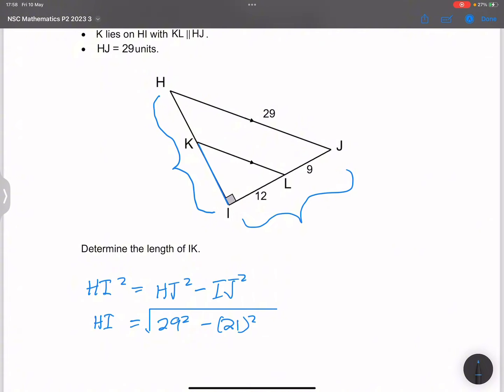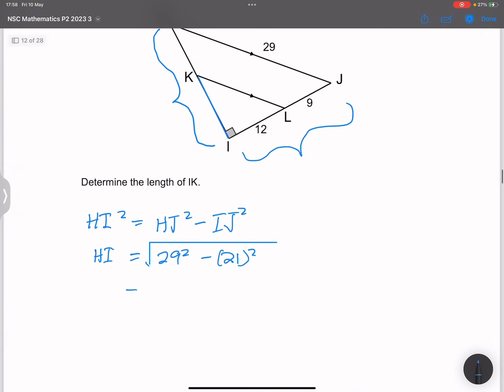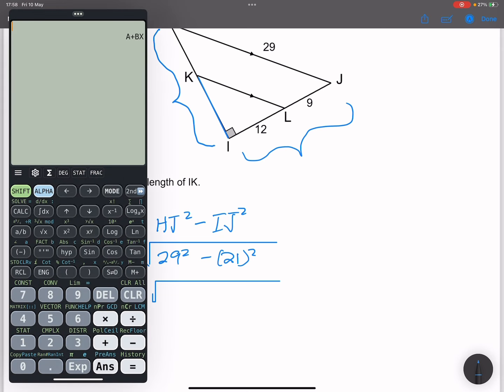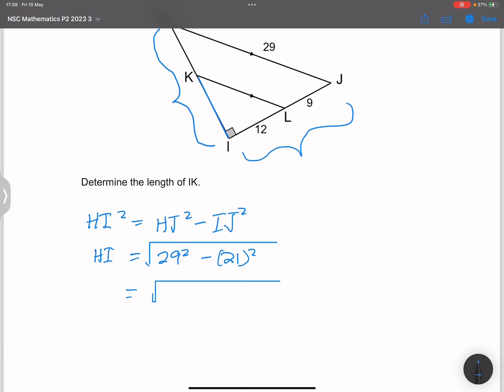Okay, let's find out what that gives us. That's the square root of 29 squared minus 21 squared. Well, that gives us 20. So the length HI would be equal to 20 units, right?